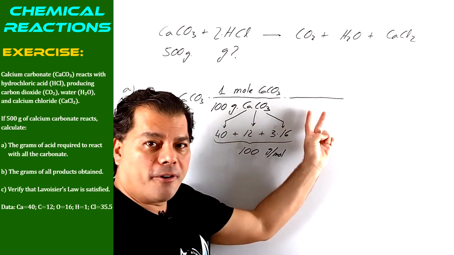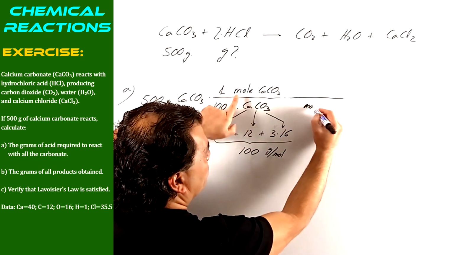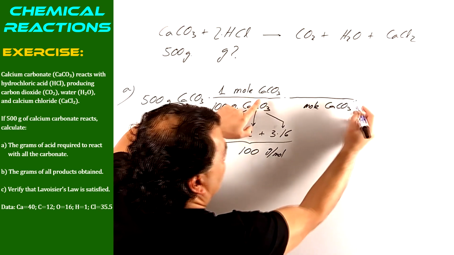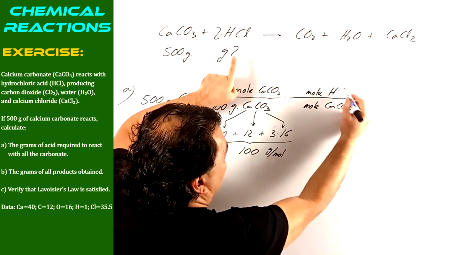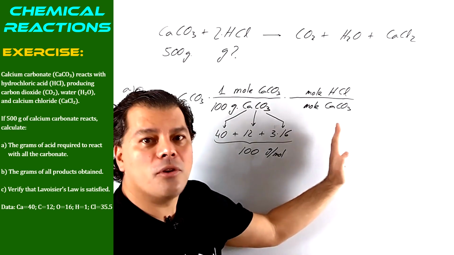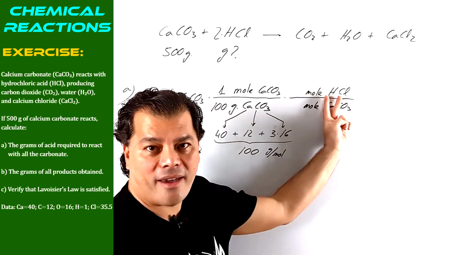What does it serve for? It will help us to move from moles of the substance we are coming from to move into the substance they're asking us for. Okay? We are crossing the river. We are moving from calcium carbonate and we are getting into hydrogen chloride.